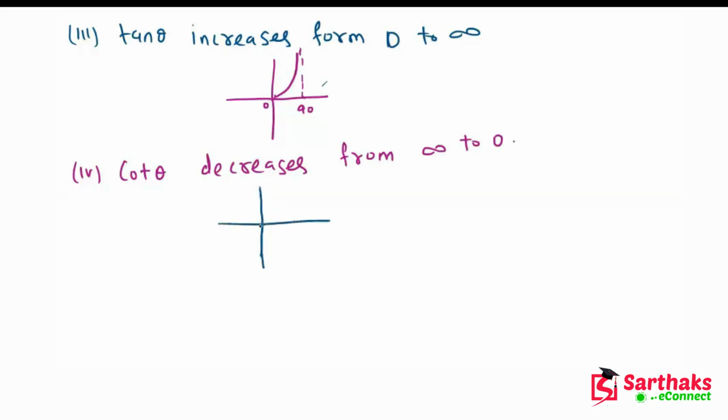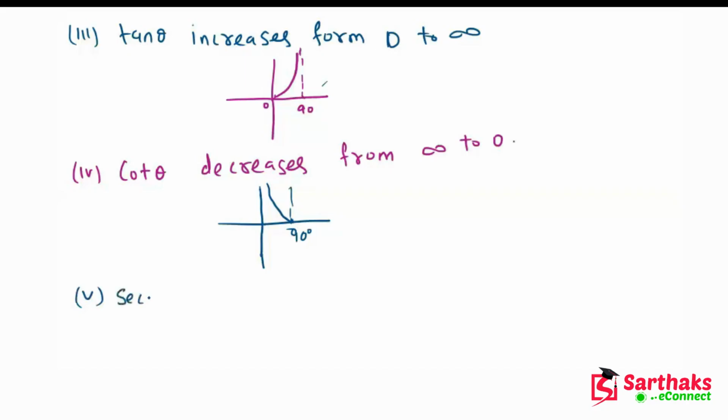The value of cot theta at 0 degree is infinity, and the value of cot theta at 90 degree is 0. So this is the graph of cot theta. It decreases from infinity to 0.